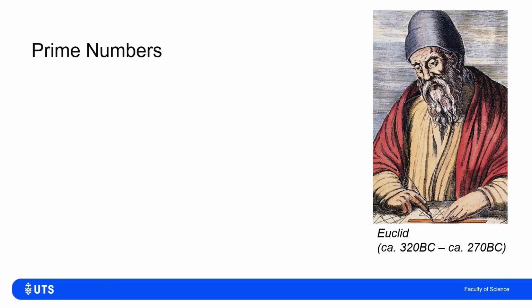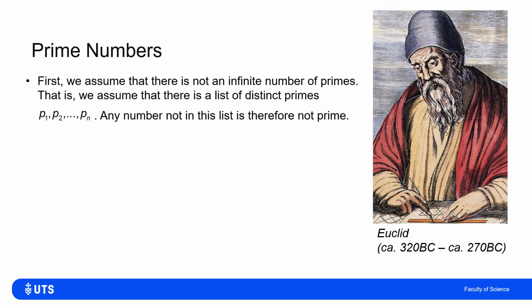as we do with proof by contradiction, we start by assuming the thing that we're actually trying to disprove. And here, that is that there could be a finite list containing all the different prime numbers.